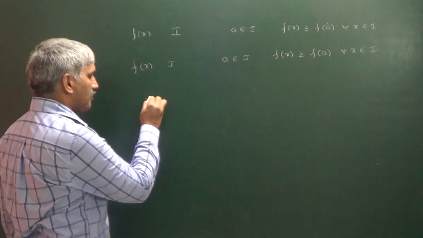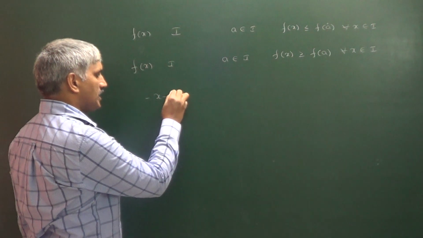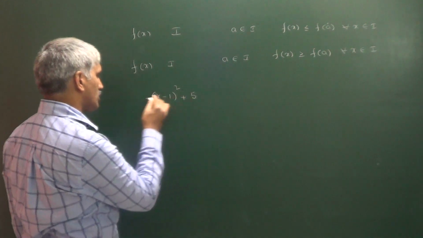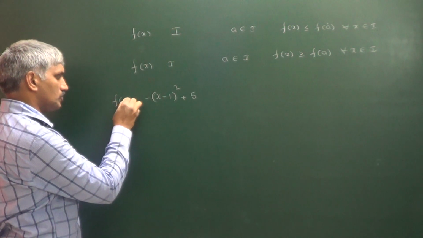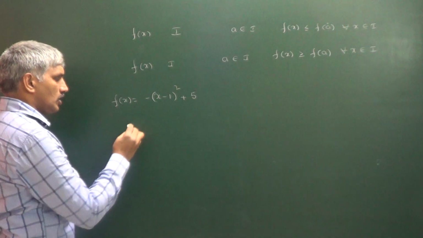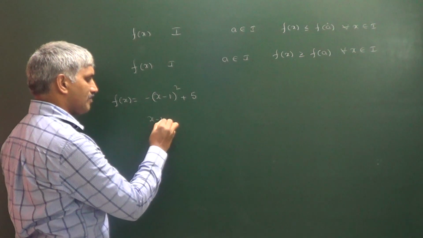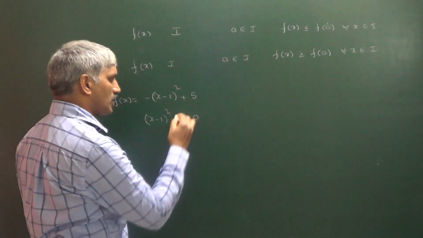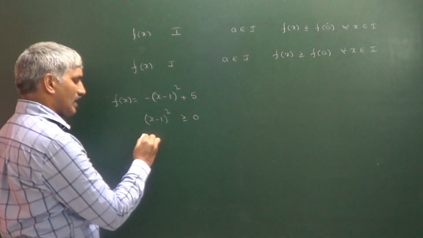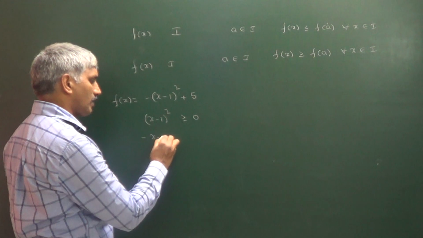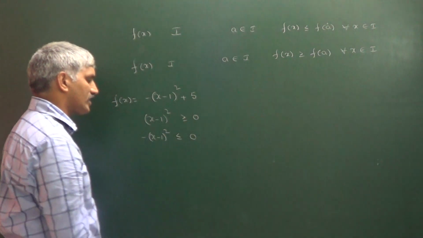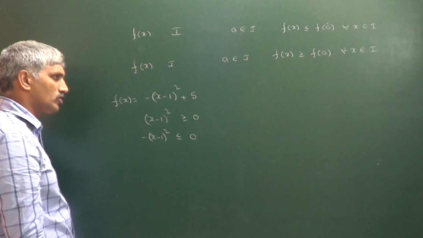Suppose a problem is given like this: f of x is equal to minus (x minus 1) whole square plus 5. Now we know that the square of a number, (x minus 1) whole square, is always greater than or equal to 0. Now multiply with minus; whenever we multiply with minus, the inequality changes. That's why minus (x minus 1) whole square is less than or equal to 0.